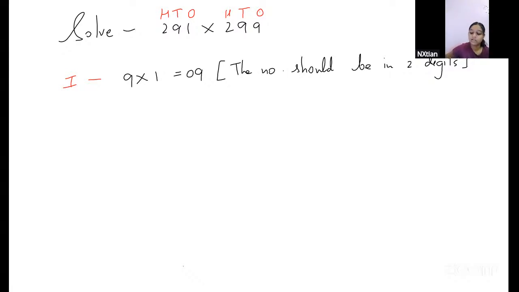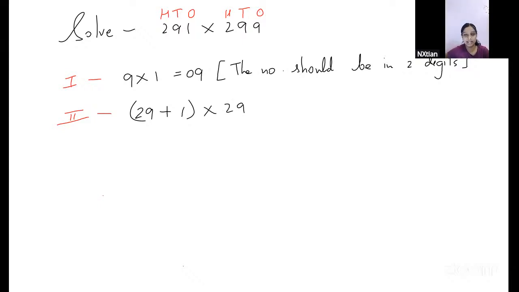29 and 29, we have the hundreds and tens places. So the next, 29 plus 1 multiplied by 29.